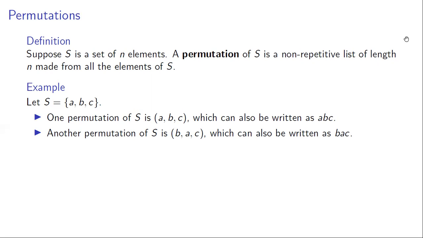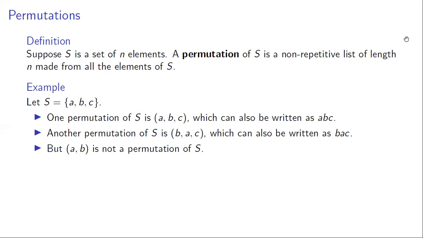Right, so the point is a permutation is a non-repetitive list of length n, meaning n is the number of elements in the set. So the permutation also has n entries, and it includes all the elements of S in the list.